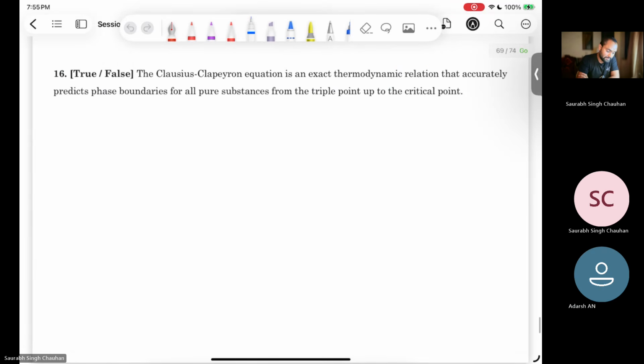The Clausius-Clapeyron equation is an exact thermodynamic equation that accurately predicts the phase boundaries of all pure substances from the triple point up to the critical point.